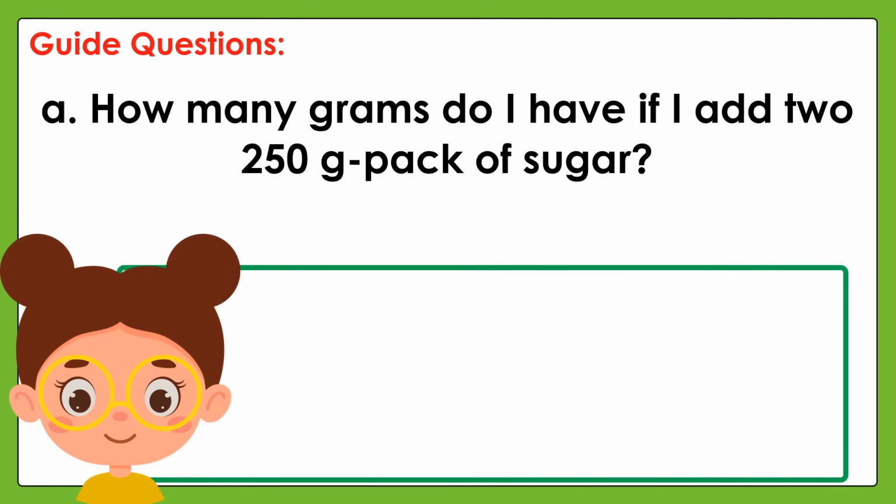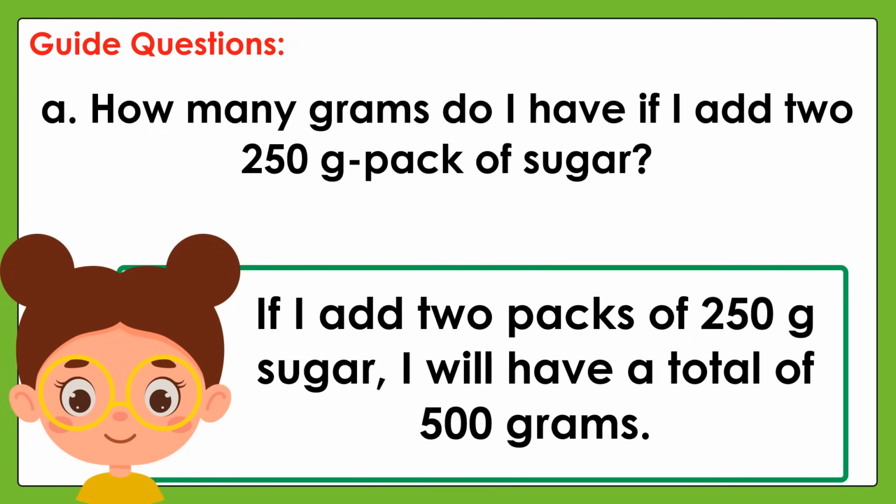Letter A. How many grams do I have if I add 2 250-gram packs of sugar? The answer: if I add 2 packs of 250 grams sugar, I will have a total of 500 grams.